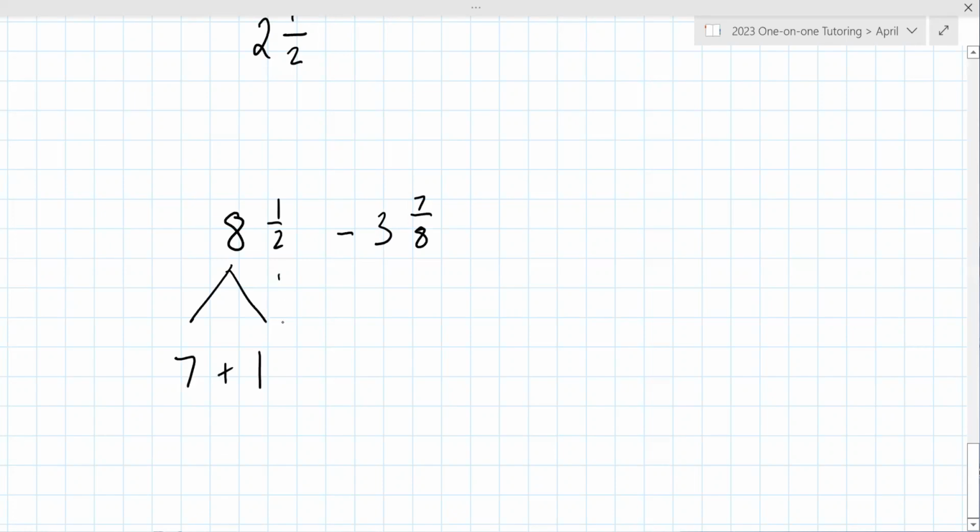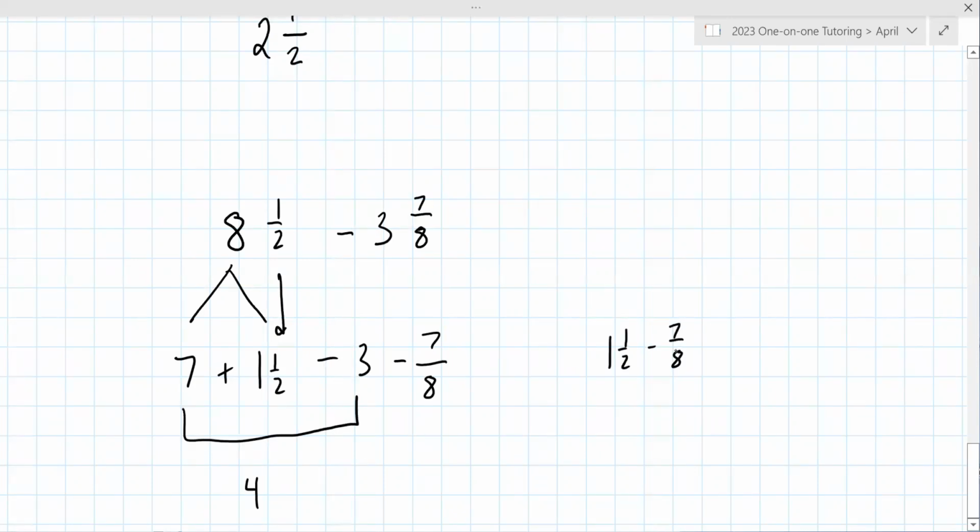Yeah. Bring down the 1/2. Yes. Good. So this is 7 minus 3, which is 4. But you've got the 1 1/2 minus 7/8. So that's 3/2 minus 7/8. What do we do in this situation?